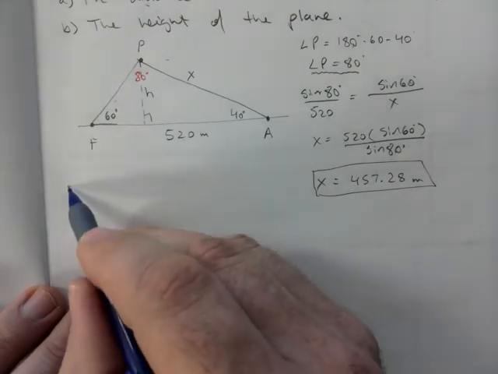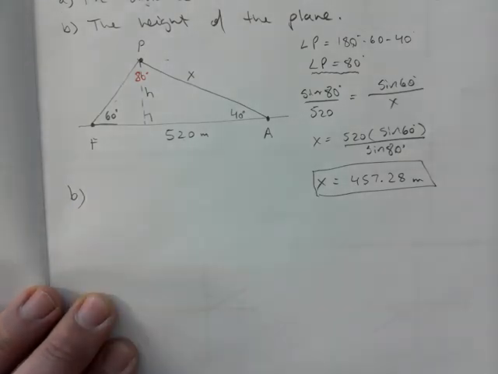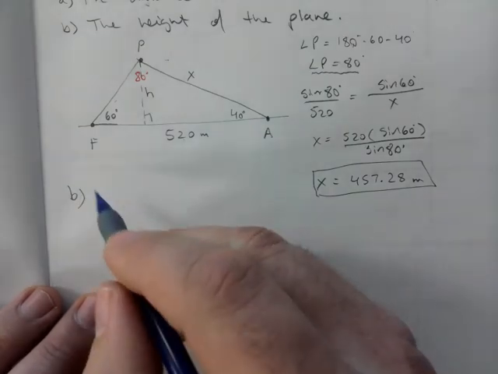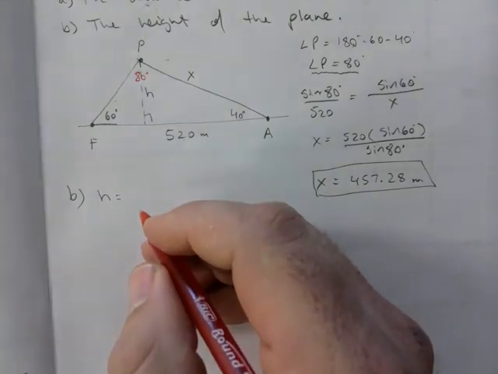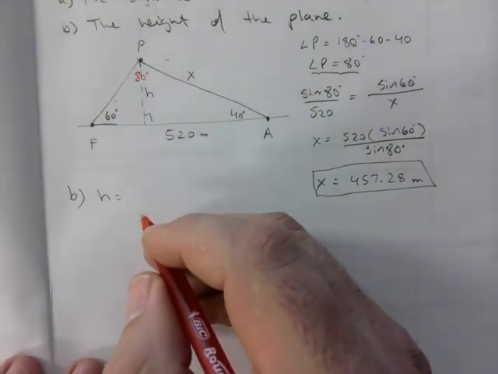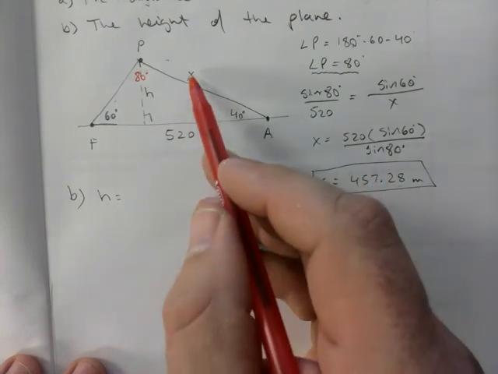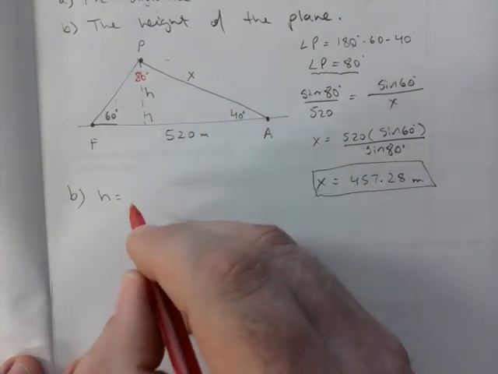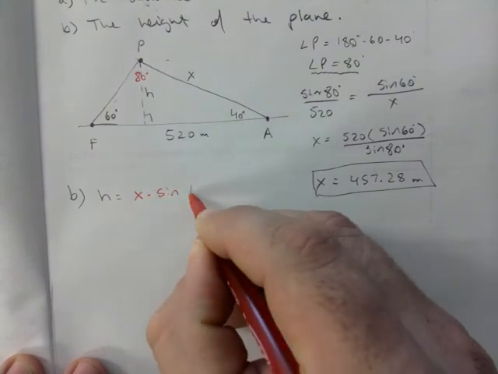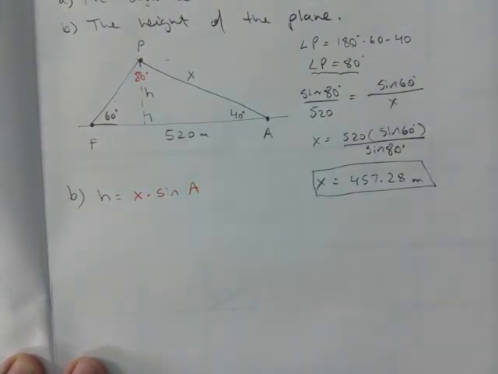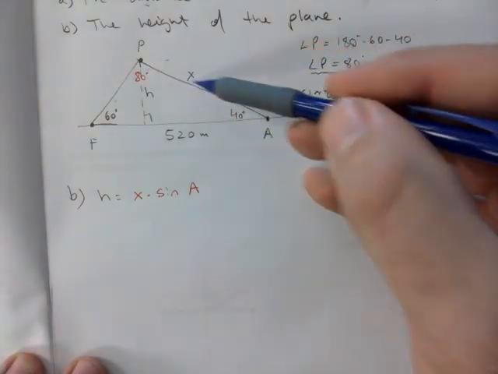And now I'm going to find the height. I hope you would know how to do this by now. How would you find the height in this particular case? Can you say it louder? This times sine of this? Okay, perfect. So it would be X times sine of A. I happen to know this side.